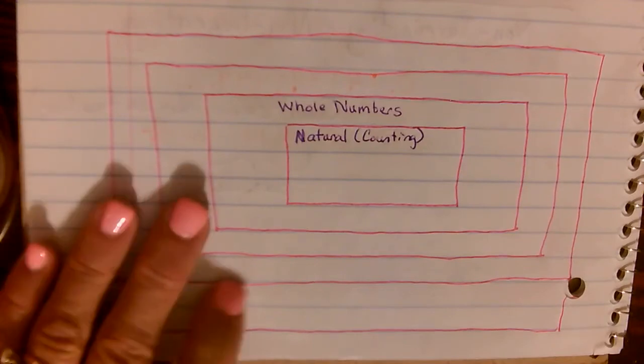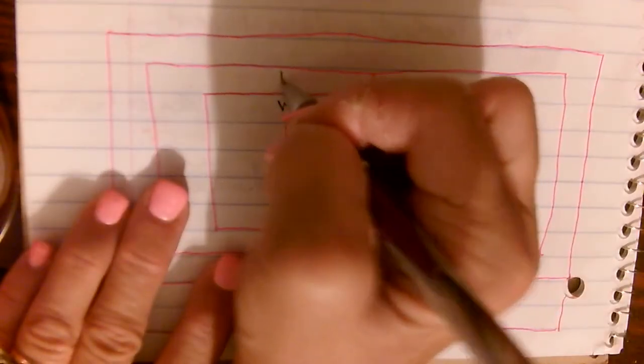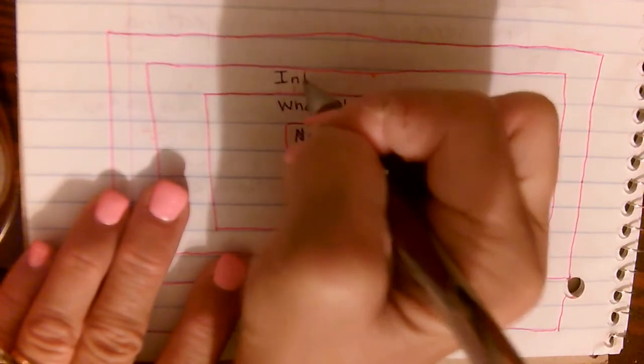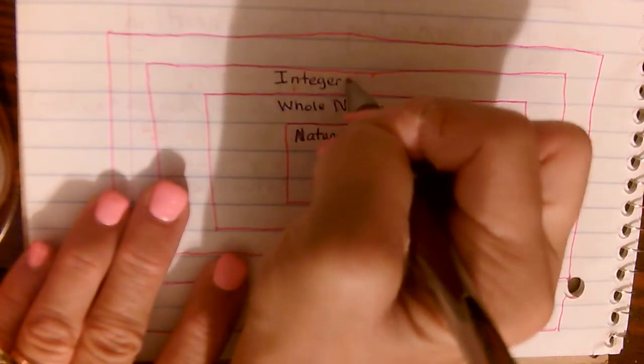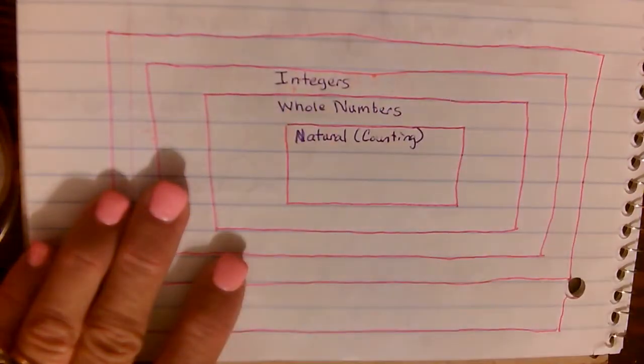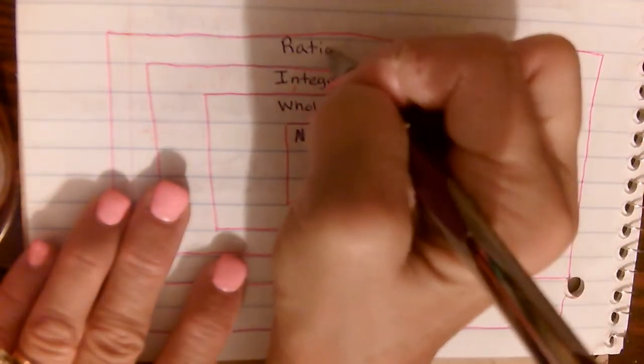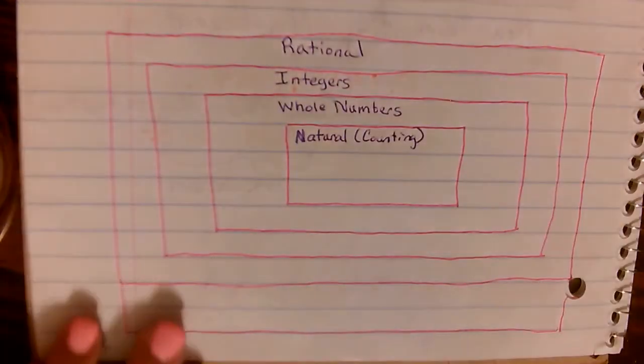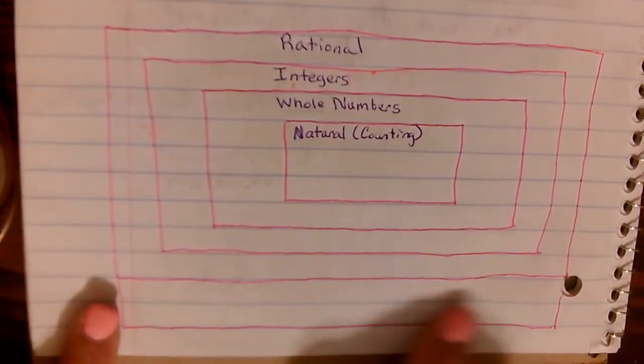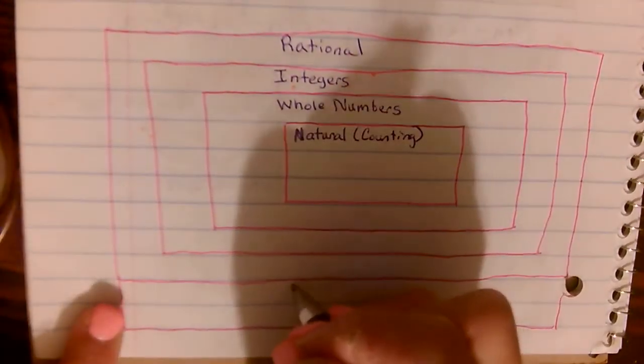And then the next box, what we've just recently been studying, integers. Above that, rational numbers. And down in here, this little box we made separate from everything, we're going to call irrational.